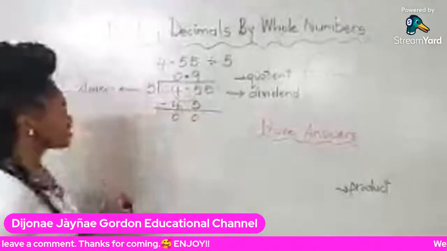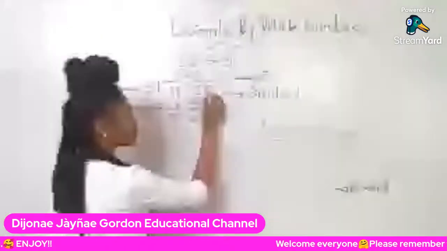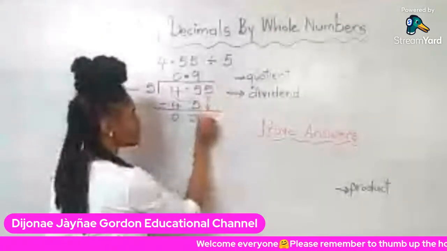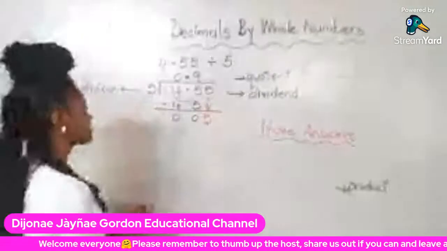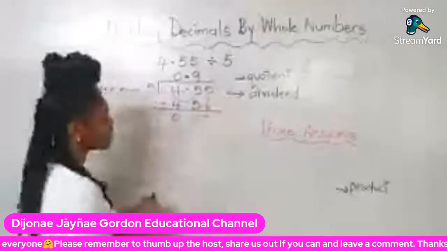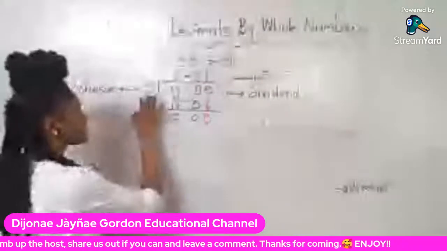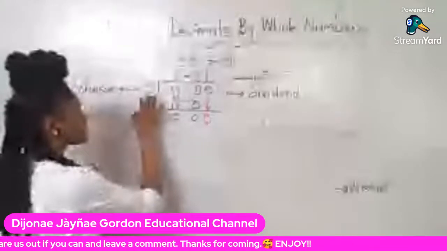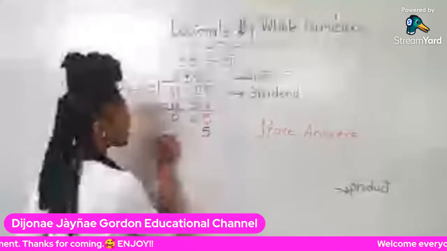So the next thing we're going to do now is just to bring down. Bringing down this 5. And of course, now you are going to ask yourself, how many groups of 5 can you get from 5? And of course, that is 1 group. So now 5 multiplied by 1 is 5. Take away again.